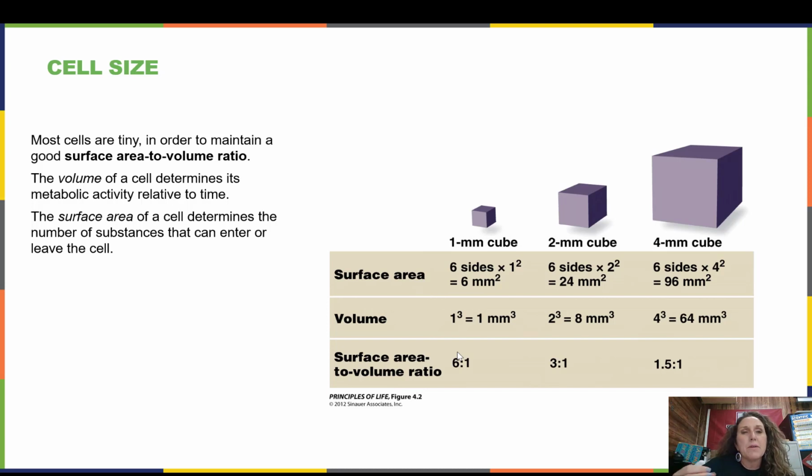So if I'm a small cell, I have small metabolic activity, and I have small things that need to come in and out, that's good. If I'm really, really big, I have a lot of metabolic activity, but not enough cell surface to get energy in and out. So at some point, the cell will either have to divide and become two separate organisms, or it will have to form a multicellular organism. So that's kind of the point of the surface area to volume ratio.